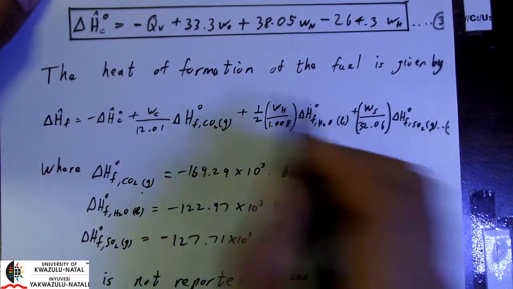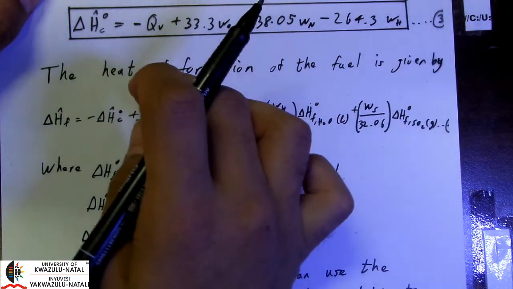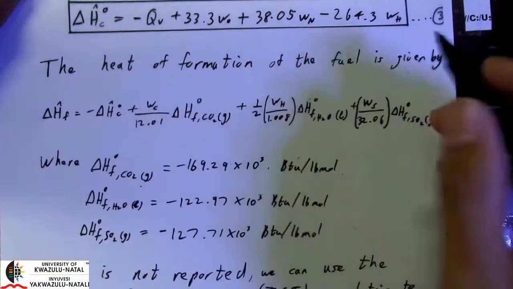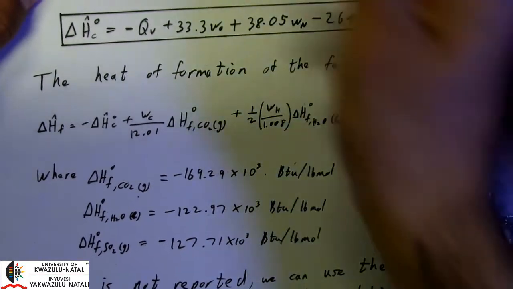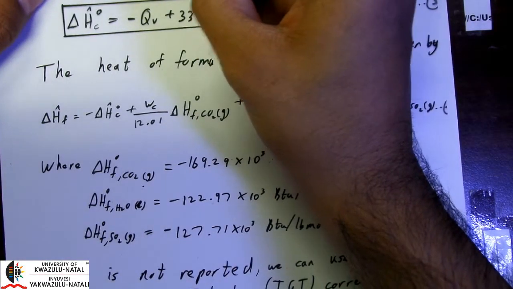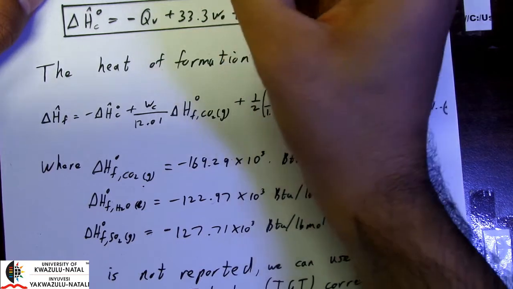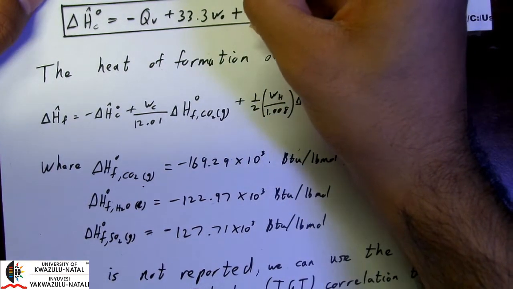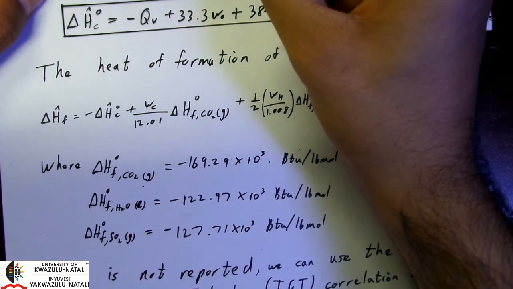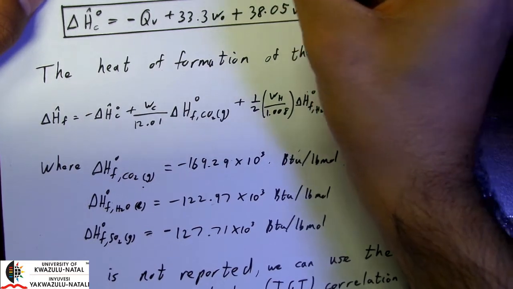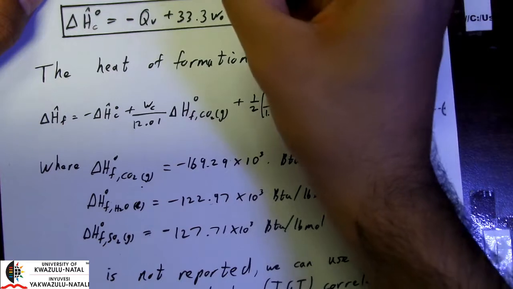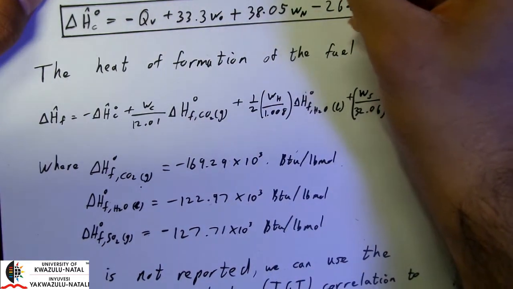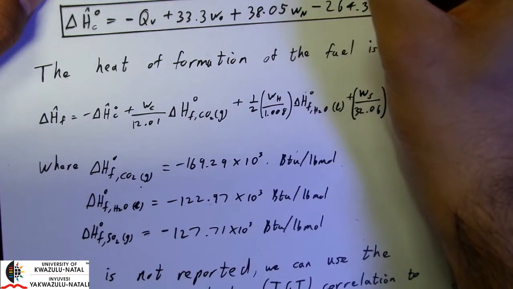Remember our heat of combustion is equal to the heat of reaction for our combustion reaction. So remember that we have delta HR, and that's equal to the heat of formation of our products minus the heat of formations of our reactants.